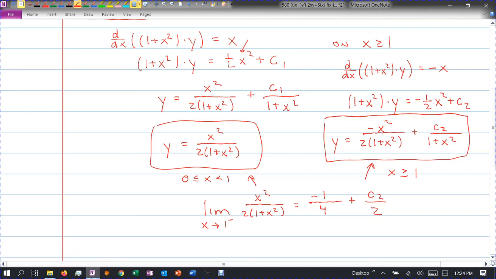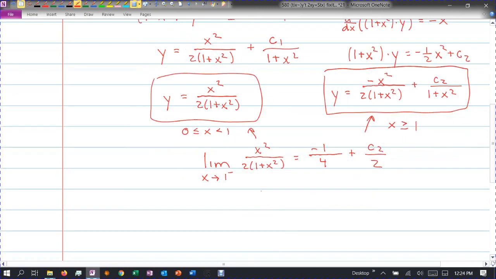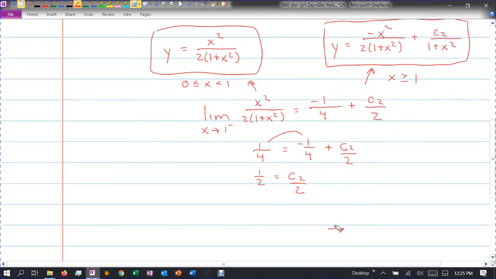That's just plugging in 1 for x. When we take the limit on the left, we get 1/4 must equal −1/4 plus c₂ over 2. Adding 1/4 to both sides, we get 1/2 equals c₂ over 2. Multiply both sides by 2, and we get c₂ = 1.